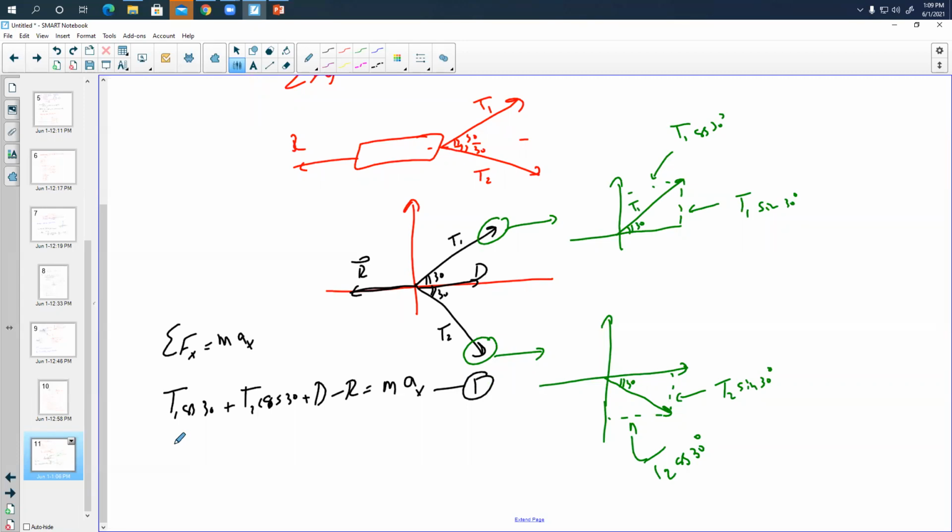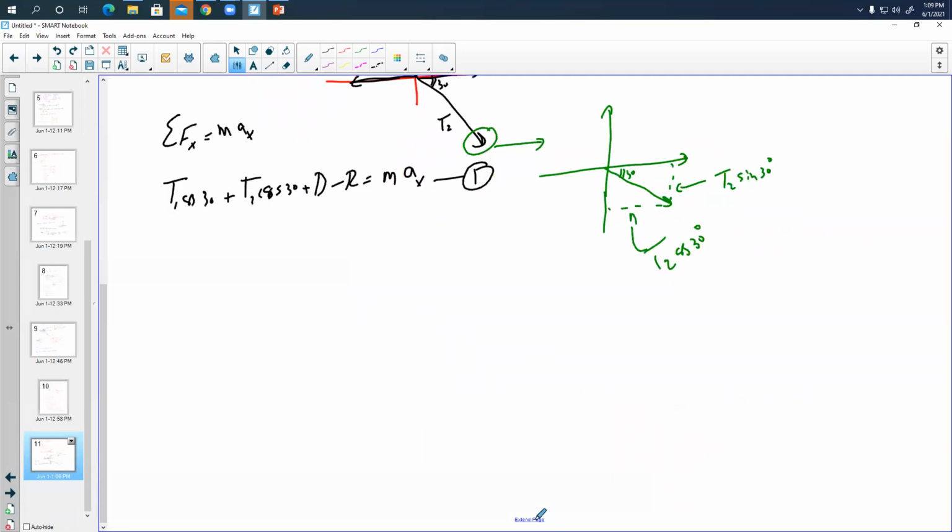Now, looking at the forces in the y direction, which equals MAy. That means what you've got? T1 sine 30 minus, this one's negative, so this actually will be negative T2 sine 30.